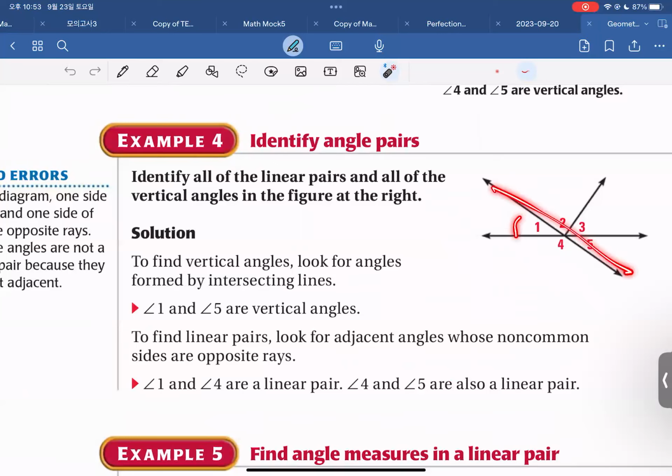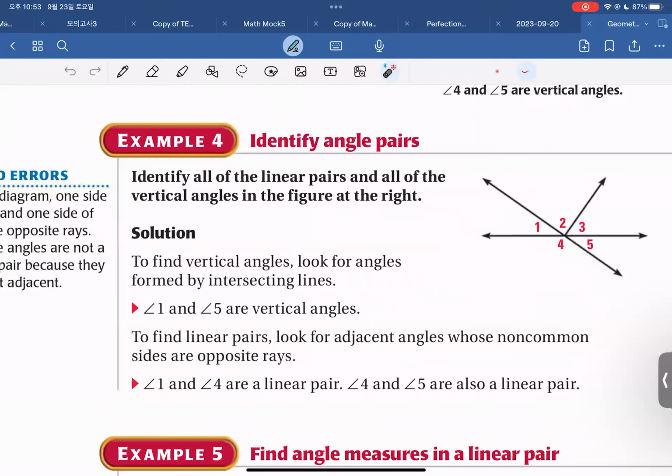Another linear pair is also 4 and 5. But something like 2 plus 3 and 5 might seem like a linear pair, but they're not, because it's not two angles, it's more than two angles. So in this case, only these two answers would work.